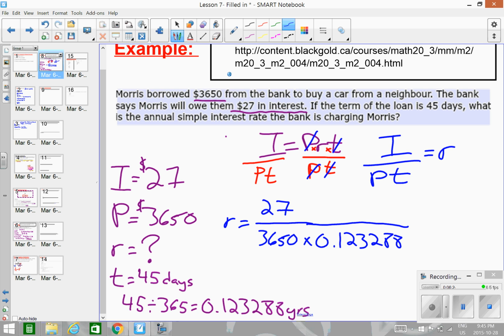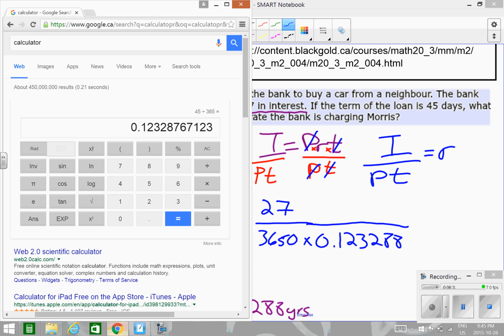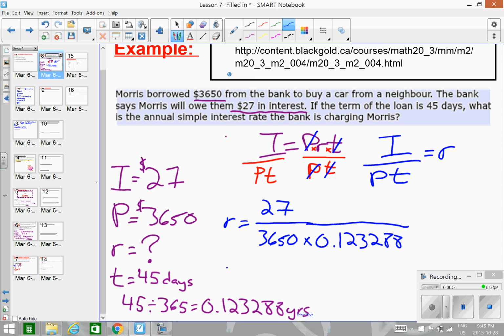All right, so I'm going to go to my calculator here, and I'm going to do the bottom part of my fraction first. So I'm going to do that long decimal times 3,650. Oh, so my bottom number is 450. That works out nice. So I'm just going to rewrite this. R equals 27 divided by 450.